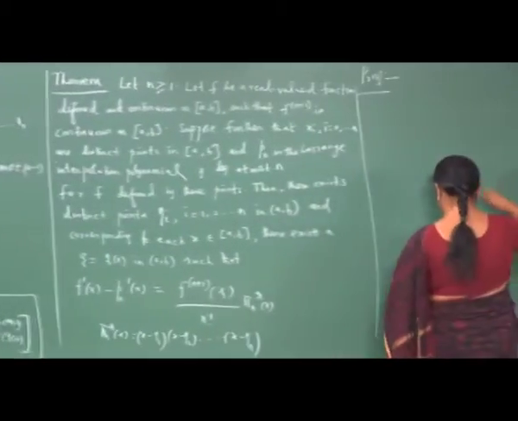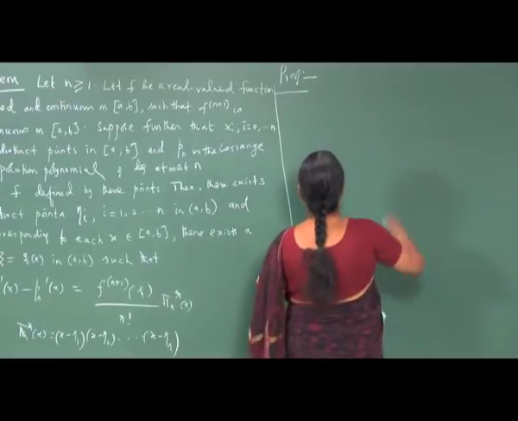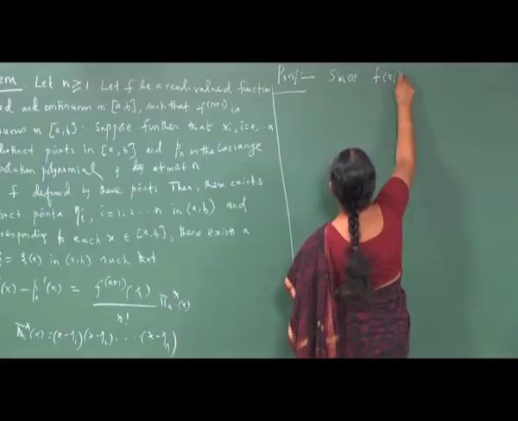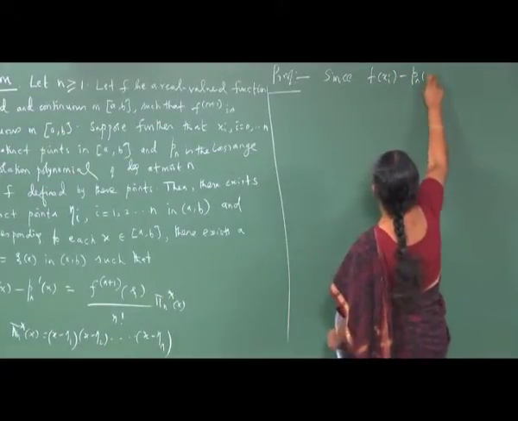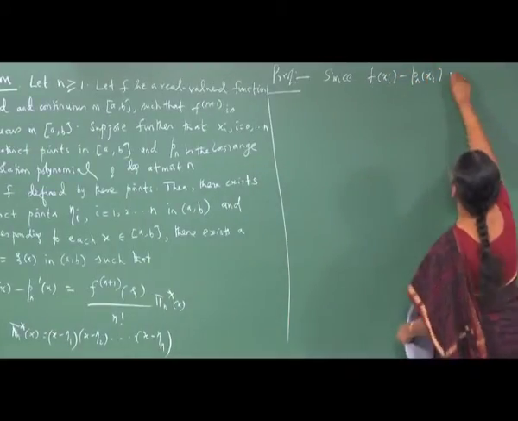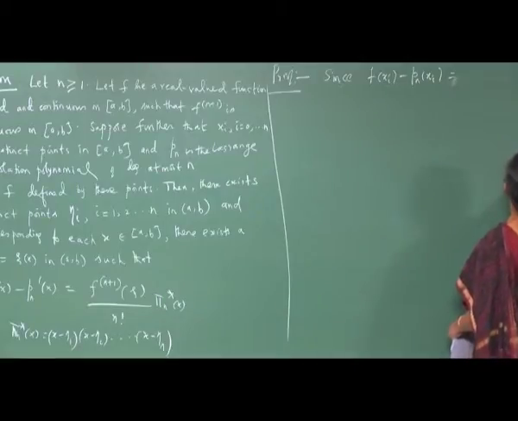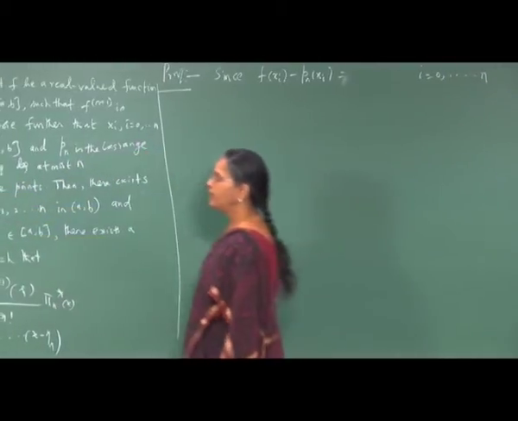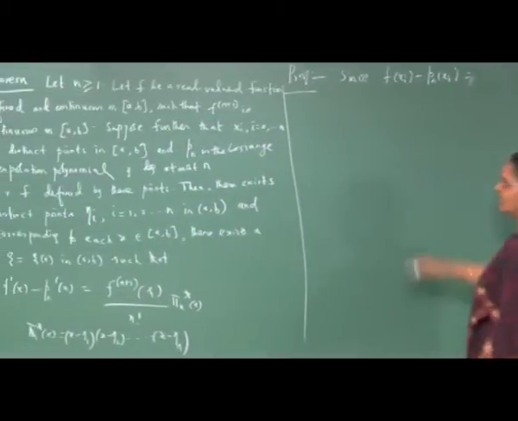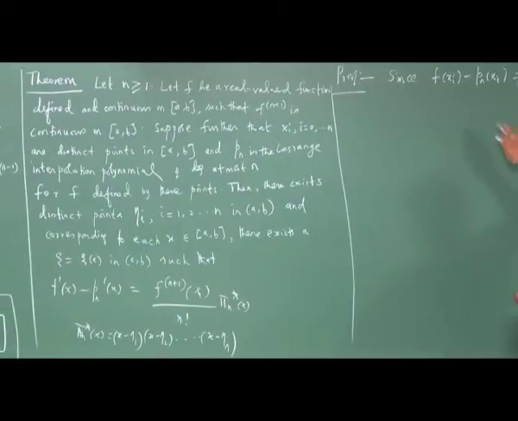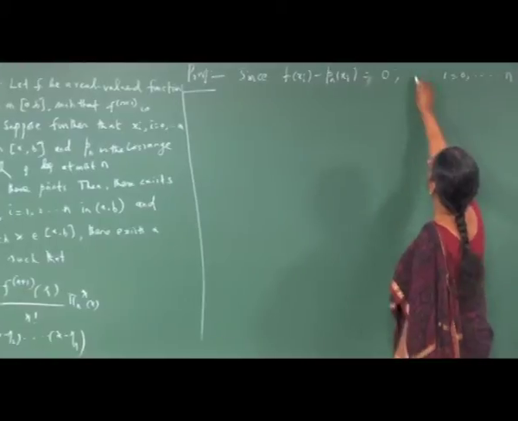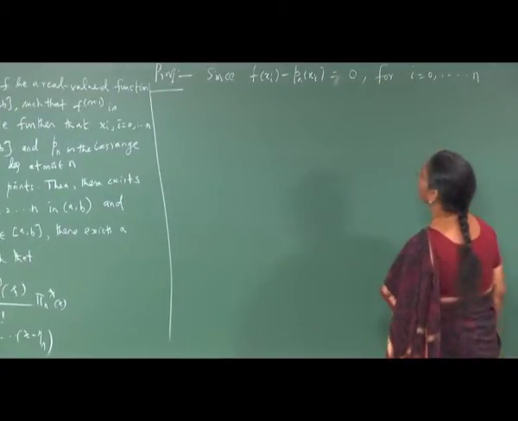Let us now find out what is f of xi minus Pn of xi for i equal to 0, 1, 2, 3 up to n. The theorem says Pn is the Lagrange interpolation polynomial for the function f defined by these points, and so f of xi minus Pn of xi is 0 for i equal to 0 to n.